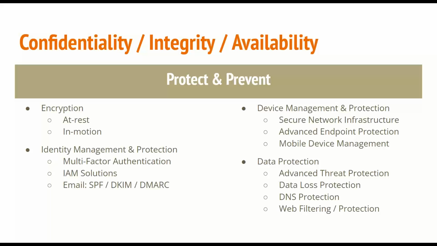We also see, with respect to CIA under Protect and Prevent, device management and protection. And this should be no surprise, right? We need to secure your network infrastructure. Passwords, wireless SSIDs and passwords at an appropriate level. Your infrastructure devices, access points, switches, routers, firewalls should be secure.